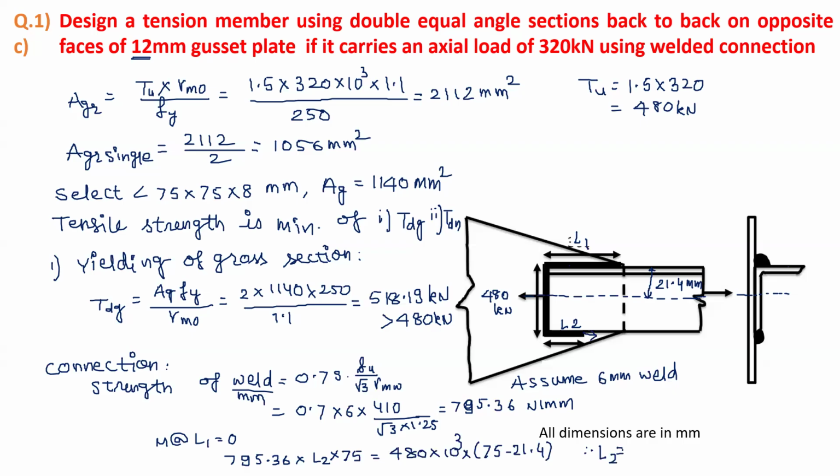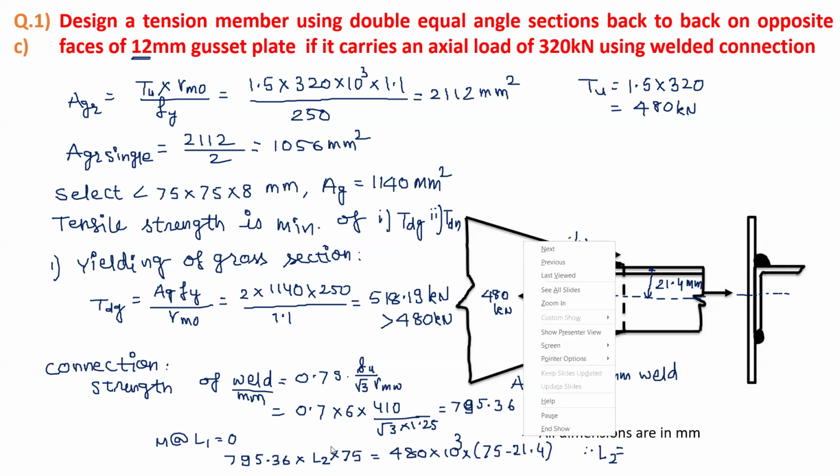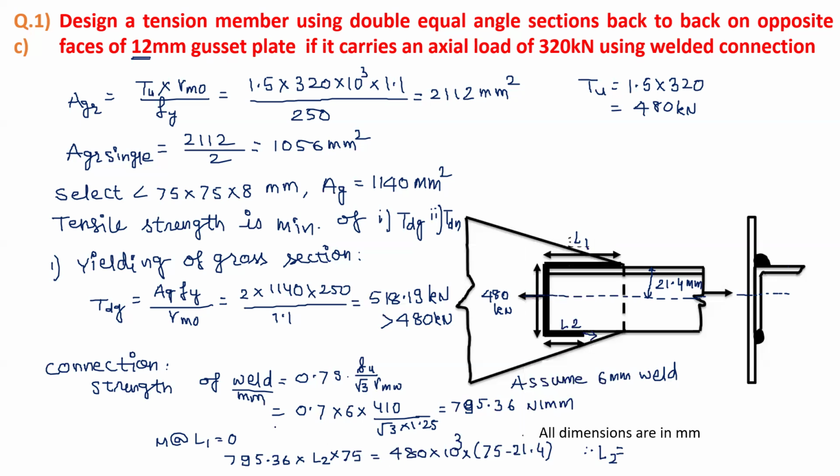From this, I will get the value of L2. Just I will calculate, I committed a mistake. 75 minus 21.4 divided by 795.36 divided by 75. So it actually comes 431.3 millimeters. Sorry, this will be 75, and this is actually the value of L1. So this is moment about L2.